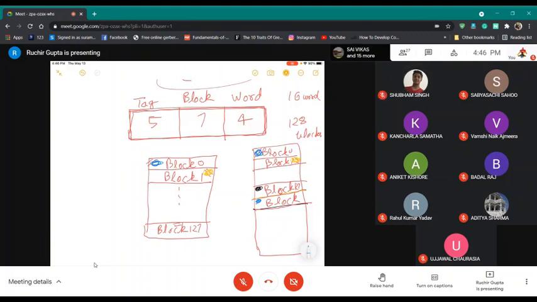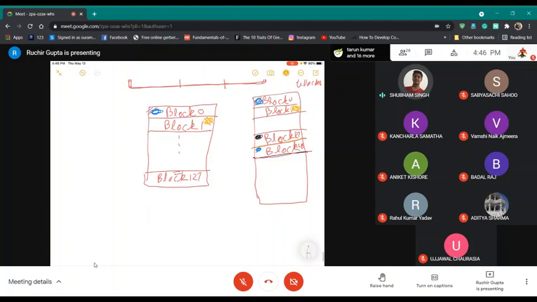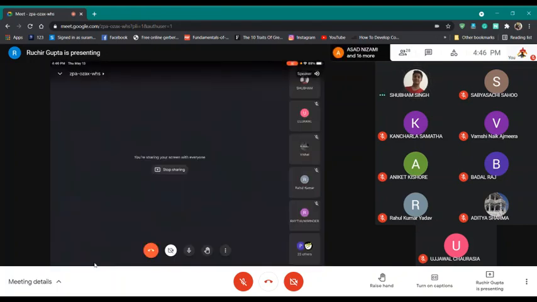So what is the problem with this? This algorithm is pretty simple. What is the problem with this algorithm? Can somebody tell me? Sir, in case the 0 block is again required, that will be brought again.